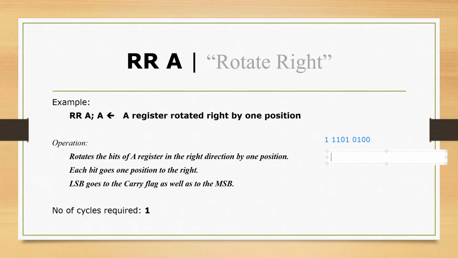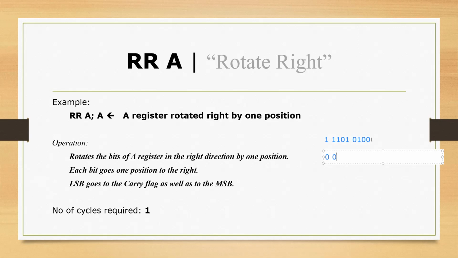Here we don't rotate the carry flag. This is rotation without the carry. So every bit is rotated to right, and this LSB comes to the MSB bit. A copy of it is also gone to the carry flag, and to the MSB bit.